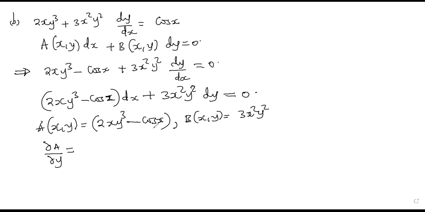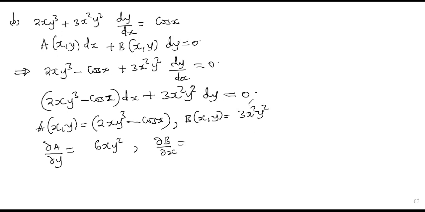So the cos x we don't look at, because it's now like our constant when differentiating with respect to y. So we have 2xy cubed. When you differentiate it, this 3 will come here, it will be 6xy squared, because you have to reduce the power by 1. Then ∂B/∂x, with respect to x, so we are interested in the power on x.